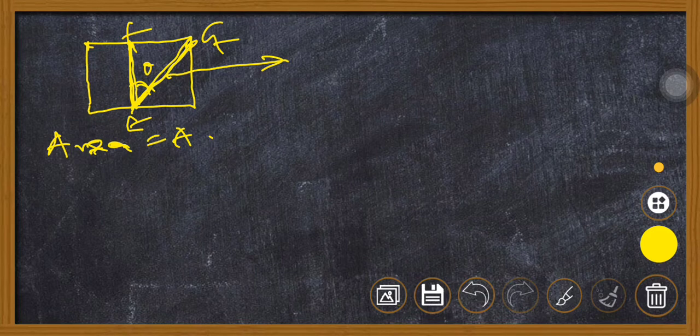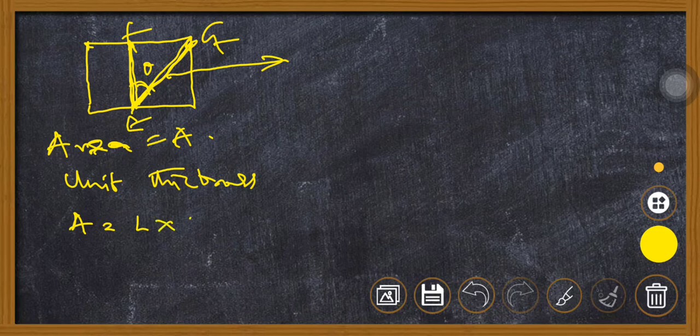Don't forget that this material we are considering is of unit thickness. Normally, if we want to find the area, it is the length of the section multiplied by the thickness.